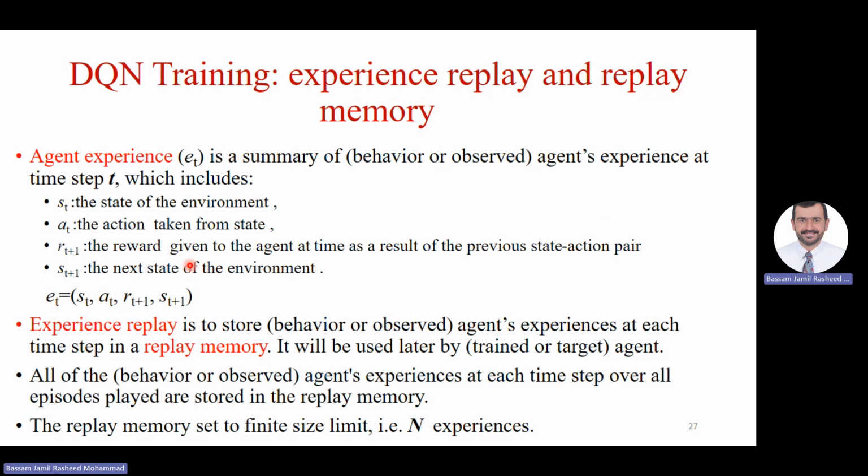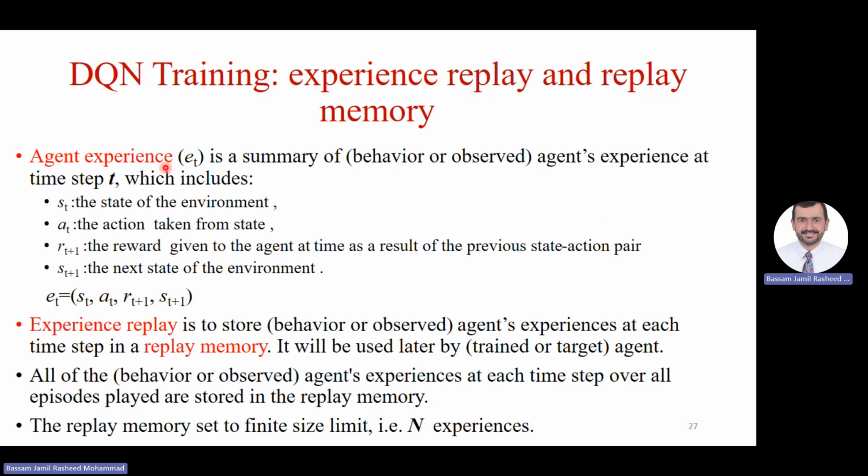Okay, now, DQN training. When we talk about training, we need to explain a few terms here. First are agent experience, experience replay, and replay memory. Agent experience is a summary of the behavior experience. So you see, we are talking here about off-policy. In off-policy, we have a behavior policy from which I will derive my experiences.